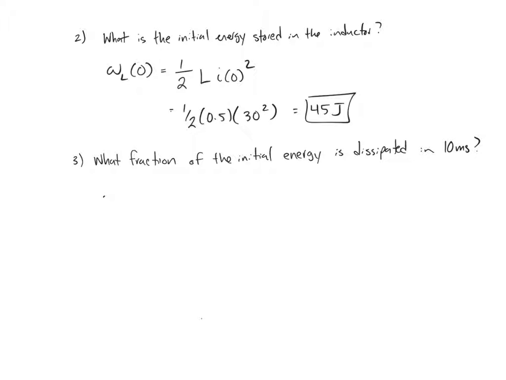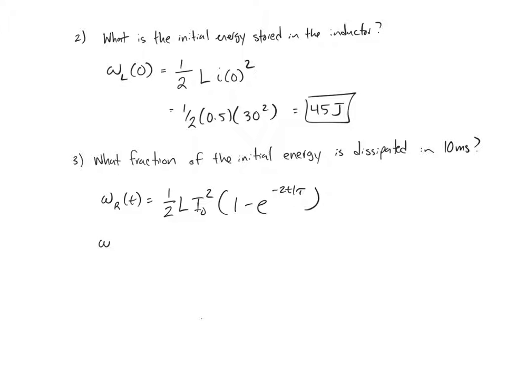So we know the energy dissipated by the resistor is going to start at 0 but rise up to the final value of 1/2 L I naught squared. So the function is given as 1/2 L I naught squared times 1 minus e to the minus 2t over tau. Okay, so 1 minus e to the negative 2t over tau is the function for a rising exponential to a final value of 1/2 L I squared.